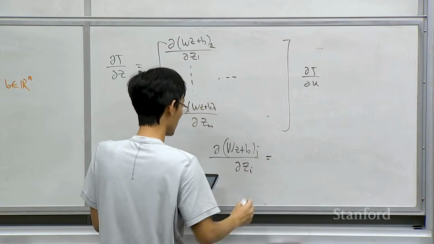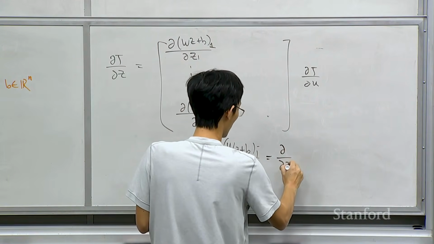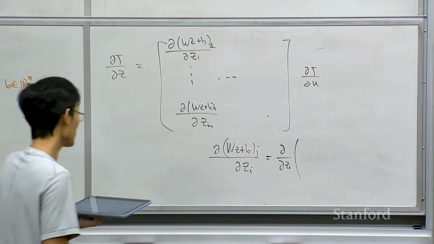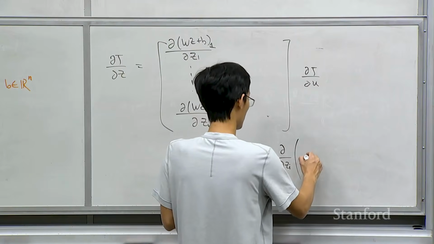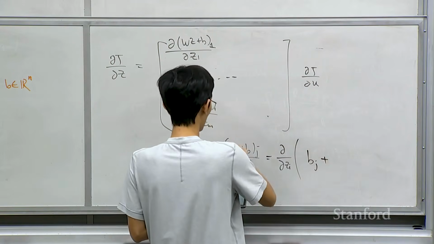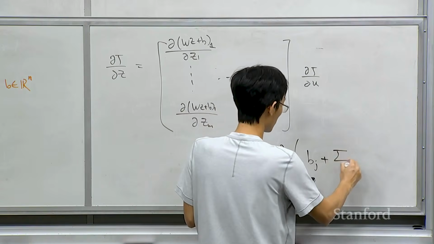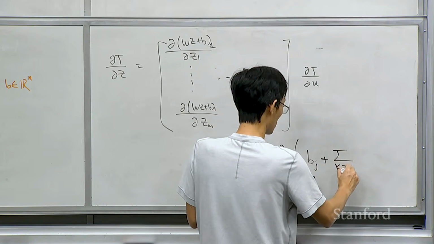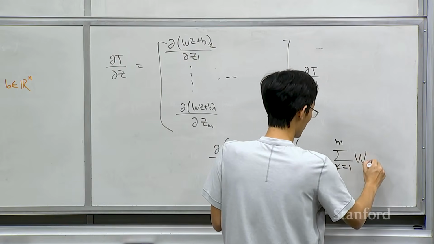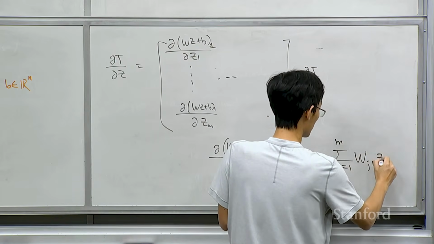Let's compute this thing. It's the derivative with respect to z_i. Let's expand Wz plus b. The jth entry of Wz plus b is, let's write b_j first. And then what is the jth entry of Wz? It's just the definition of matrix multiplication. You enumerate over the inner dimension, which is 1 to m, and have W_jk z_k.